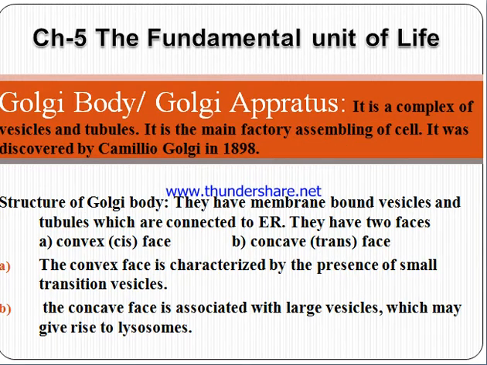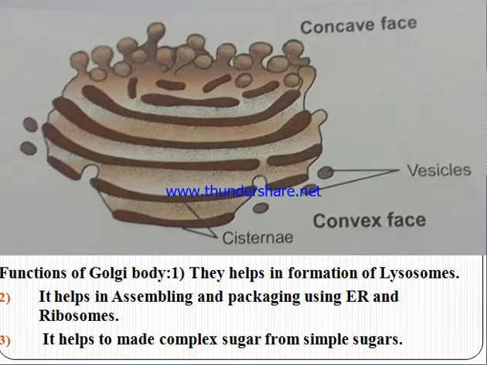Next important topic is the Golgi bodies, a complex of vesicles and tubes, a factory for assembling in cells, having two faces, convex face and concave face. Its major function is to form lysosomes and to assemble and pack materials. It helps to make complex sugar from simple sugar.